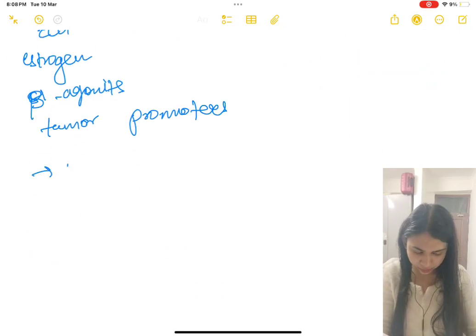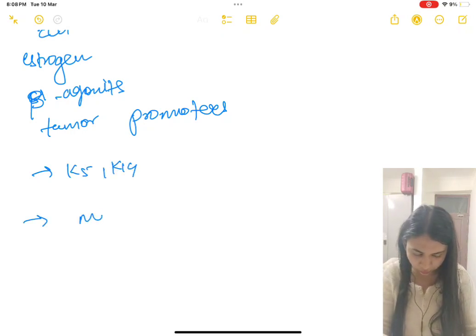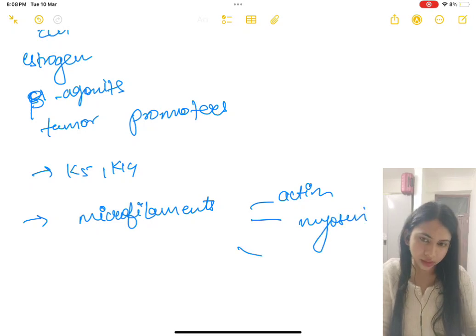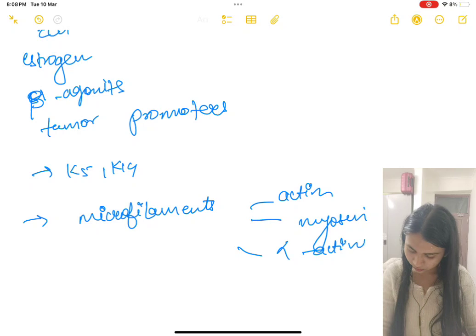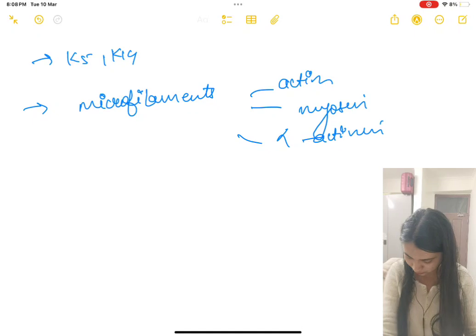Stratum basale will express K5, K14, and also it is composed of microfilaments. You know microfilaments, which are actin, myosin, and alpha actin. Now, as they are the microfilaments, they help in movement. So, they will help in upward movement of the cells as they differentiate.